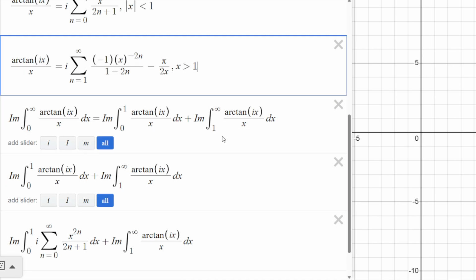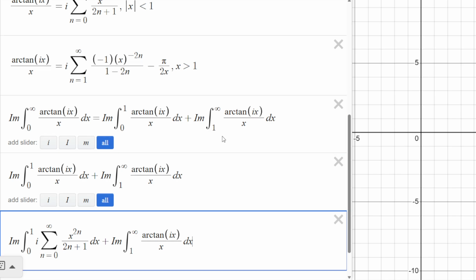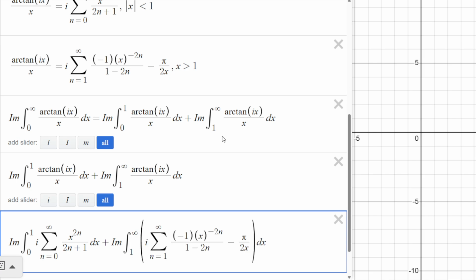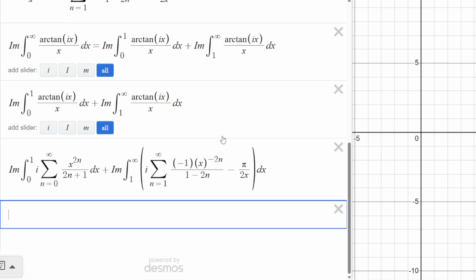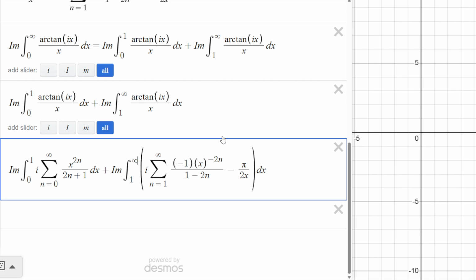And for the version for x greater than 1, what we can do is plug in this. All right. Now we're taking the imaginary part of both of these.